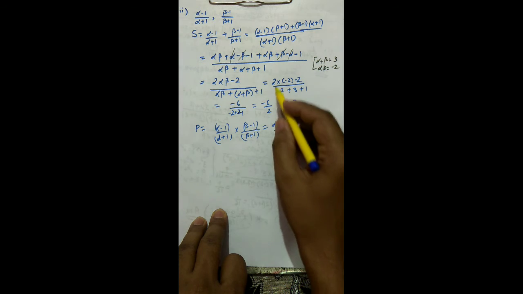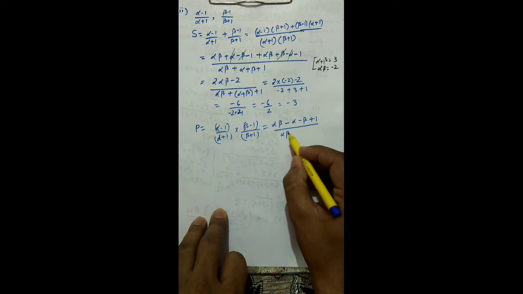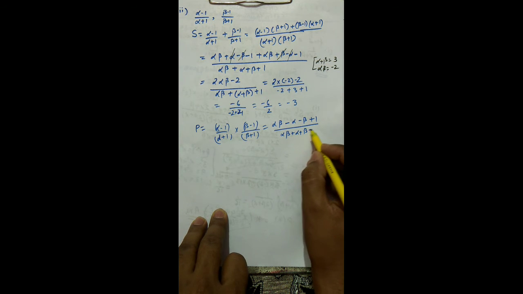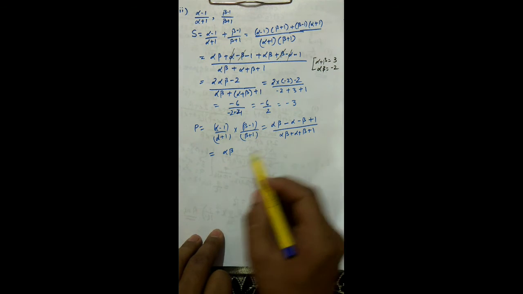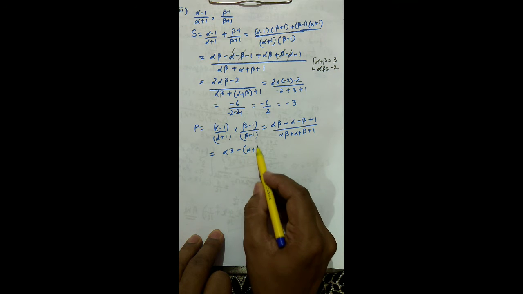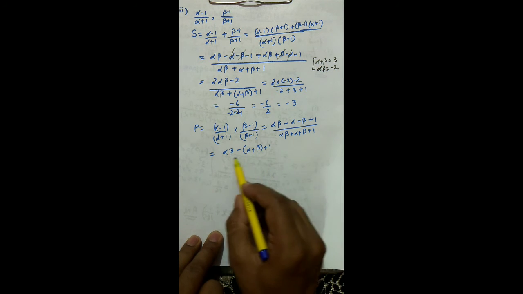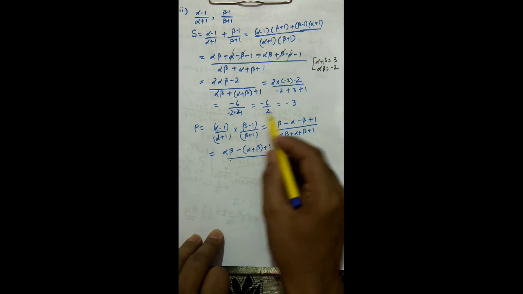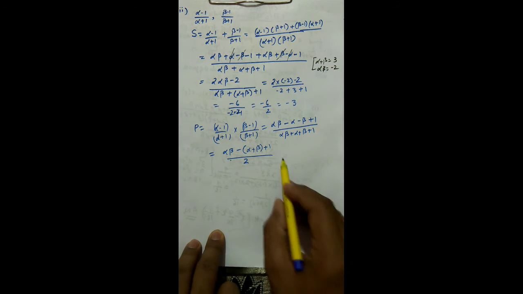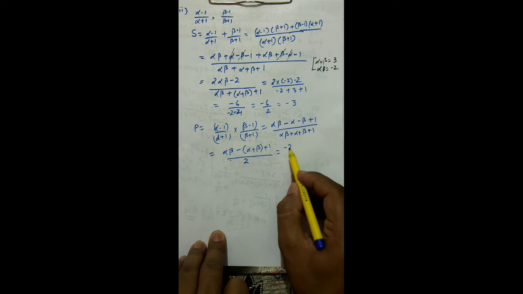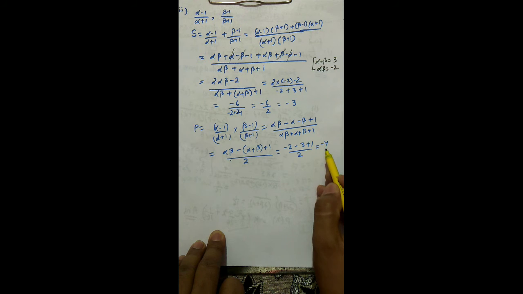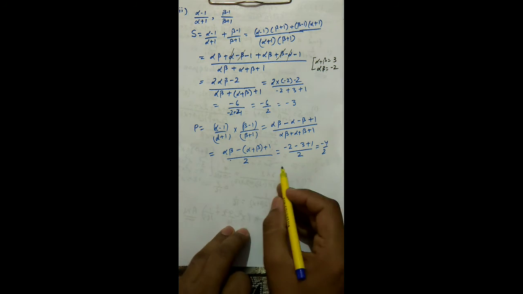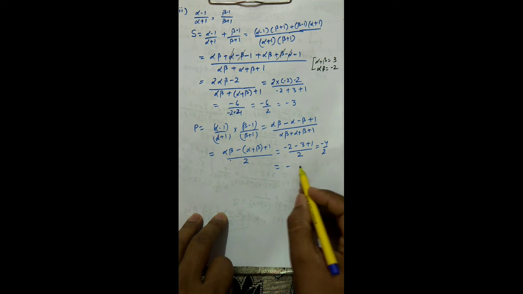And this we have already calculated in the denominator. So alpha beta, taking minus common, alpha plus beta plus 1 in the numerator, and alpha beta, you have already put the value, so the denominator was coming to 2. So alpha beta is minus 2, minus 3, plus 1, upon 2. So this is minus 4 by 2, which is equal to minus 2.